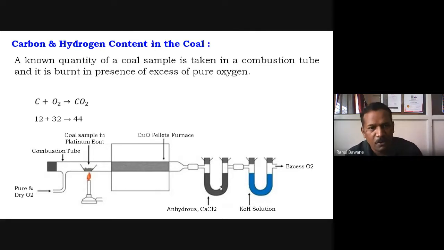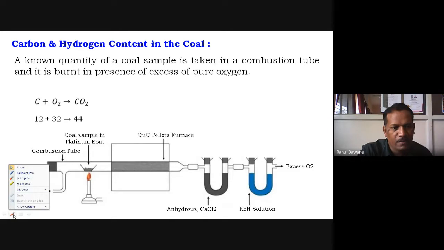Suppose I am talking about 44 grams of CO2. To develop 44 gram of CO2, how much carbon is required? It is 12 gram of carbon. So 44 gram of CO2 requires 12 gram of carbon.